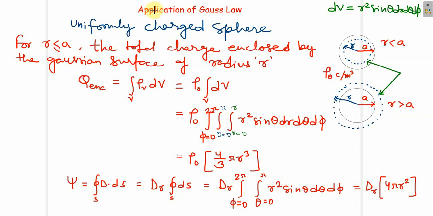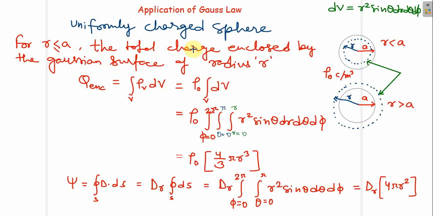Now, using Gauss law, we can say that this psi, the electric flux, equals the charge enclosed. So what is the value of this psi?